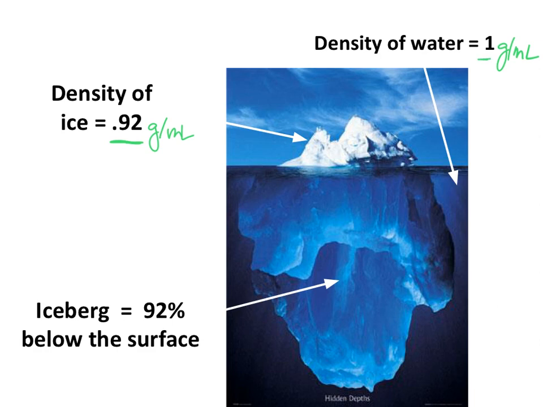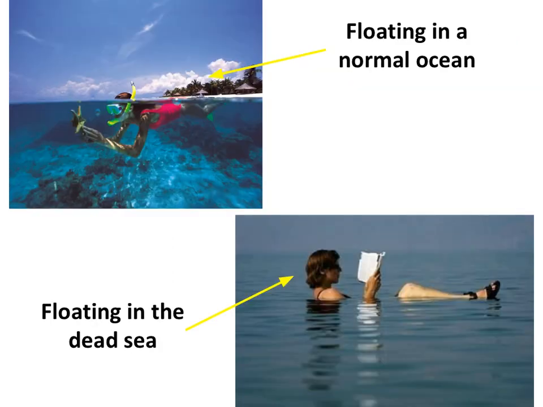We're going to talk more about why exactly that is, because that's one of the really cool, unique properties that water has, that it's less dense as a solid than it is as a liquid. No other substance in the universe that we know of does that.